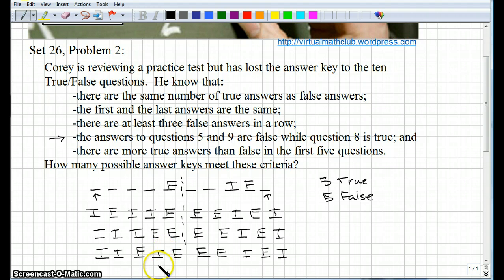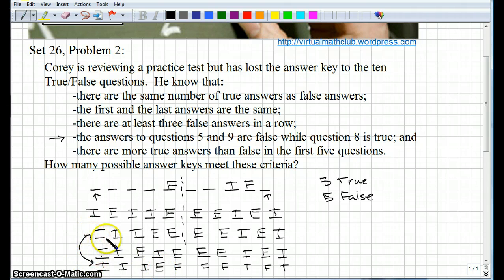Now, the other possibility would be to put the false in the third blank. So we were working with these 3 blanks, so I'm just going to rewrite what we had. False, true, false, true. But if we put the false here and the 2 trues here, we could put the false here, or here, or here, and you can see that these 2 are identical.